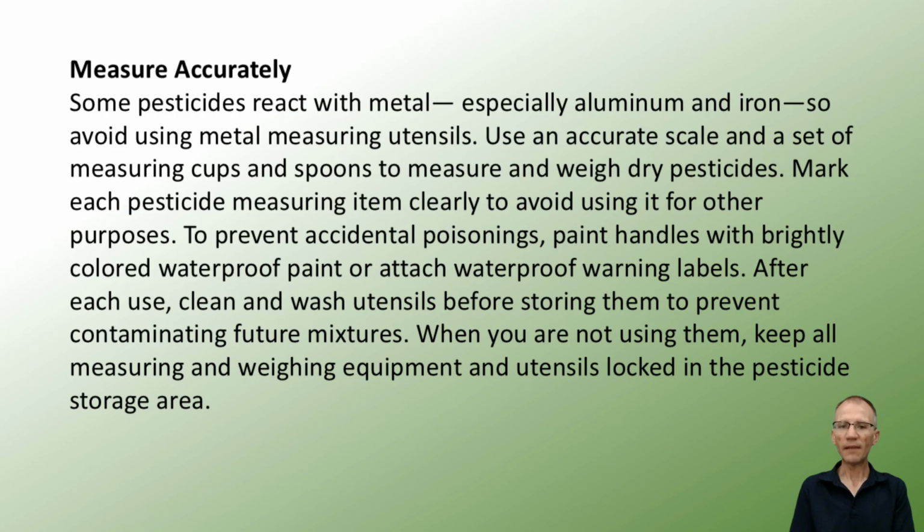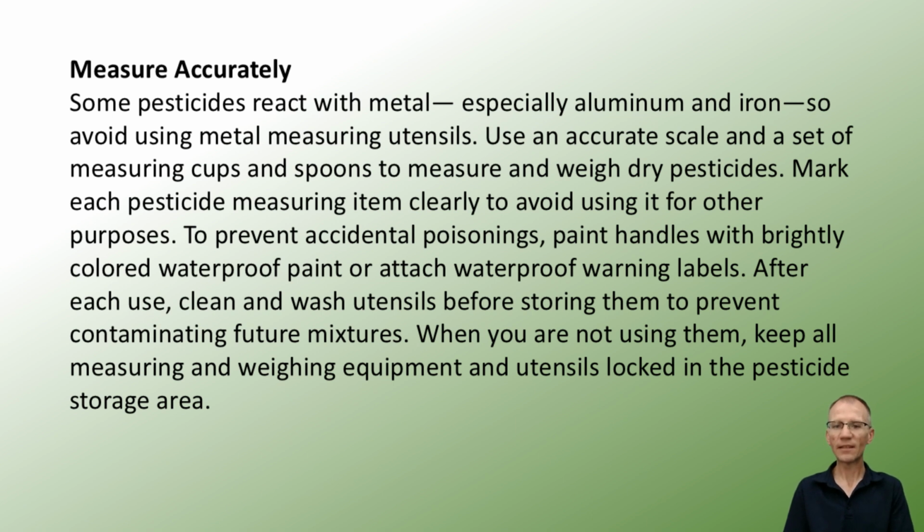Measure accurately. Some pesticides react with metal, especially aluminum and iron, so avoid using metal measuring utensils. Use an accurate scale and a set of measuring cups and spoons to measure and weigh dry pesticides. Mark each pesticide measuring item clearly to avoid using it for other purposes.